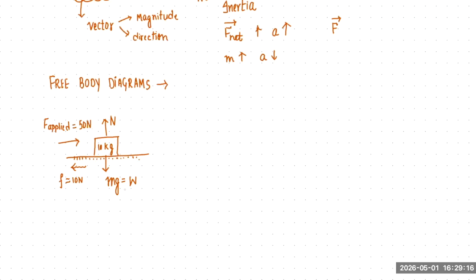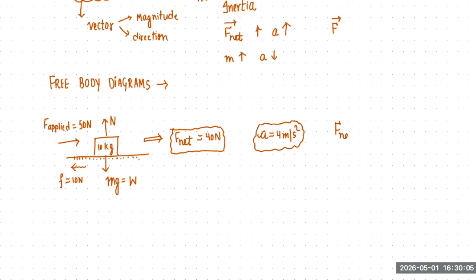So here the net force will be only 40 Newton. With the help of this, we can find the acceleration, which is basically 4 meter per second square in the right direction. As we have already discussed, the net force direction is the same as the acceleration vector direction. So both would be in the right direction.